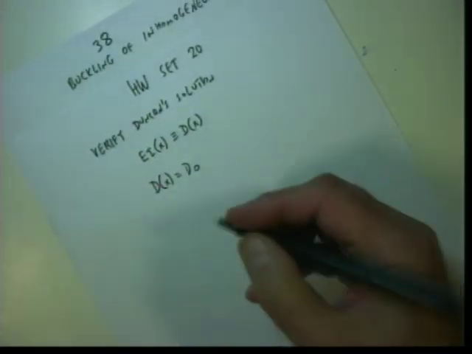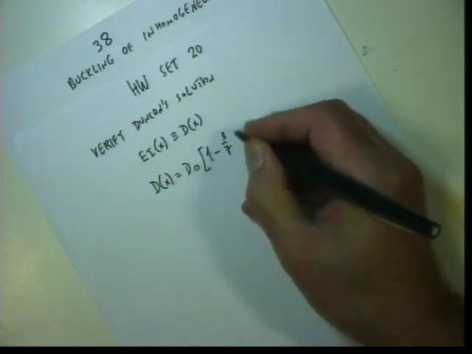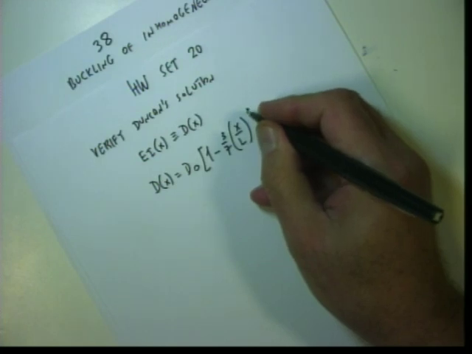Then D of x is written as D sub 0 times 1 minus 3/7 x over L squared.